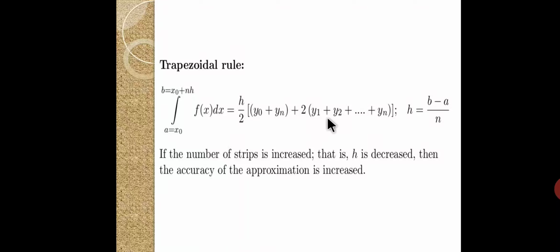Here h is equal to b minus a by n, h is the interval difference and n is the number of subintervals.